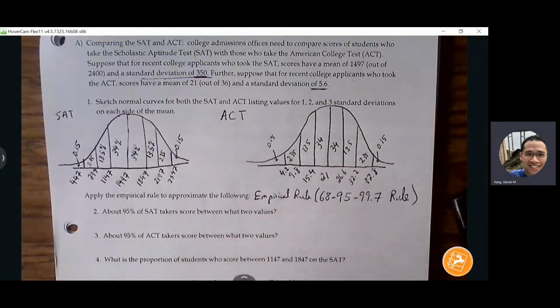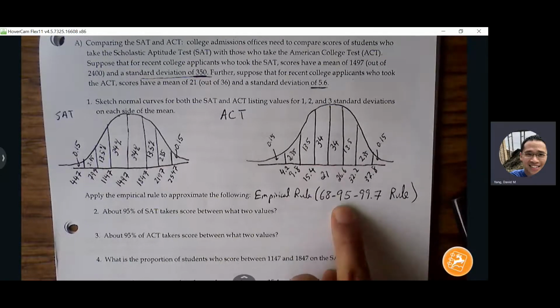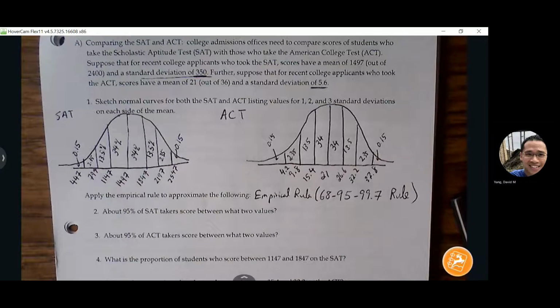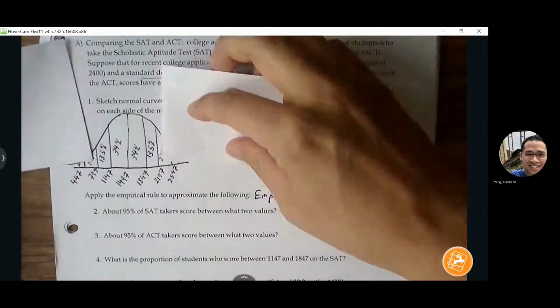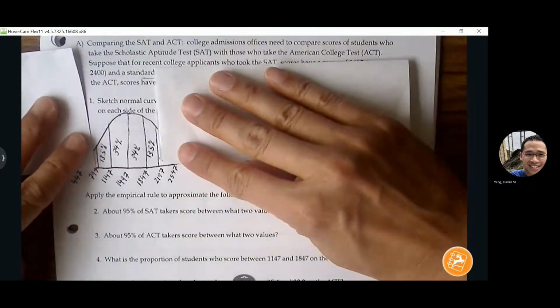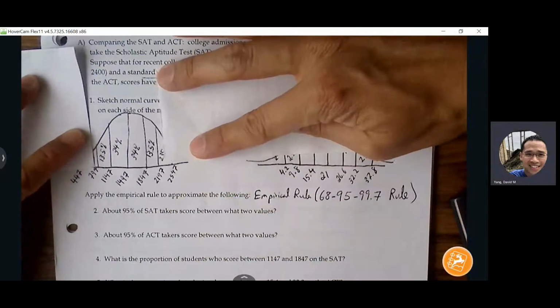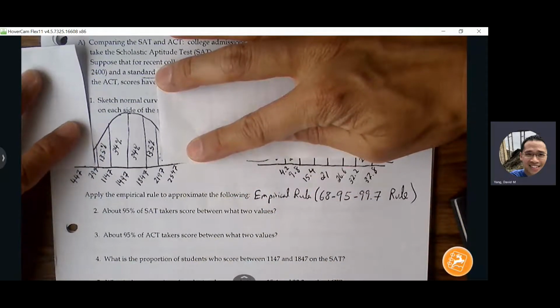Okay. So it says about 95% of SAT takers score between what two values? So we know 95% is going to be two deviations out. So that's 95%.